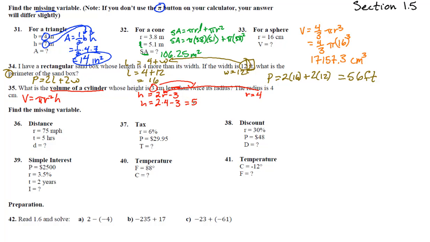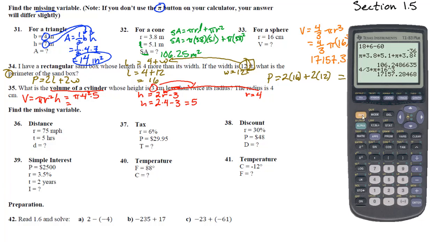So now we can stick the h and the r into this thing. So that's going to be pi times r squared times h, which is 5. So that is, let's pull out the handy dandy calculator, pi times 4 squared, that's a 16, times 5, so that's like 80 pi, so we should be like 251.3.